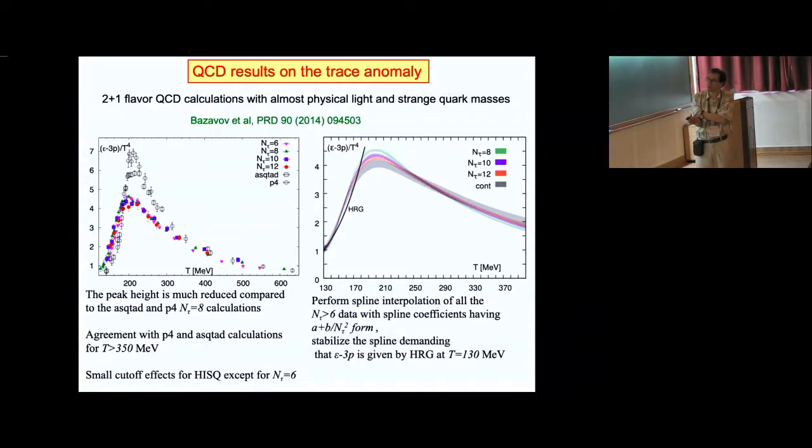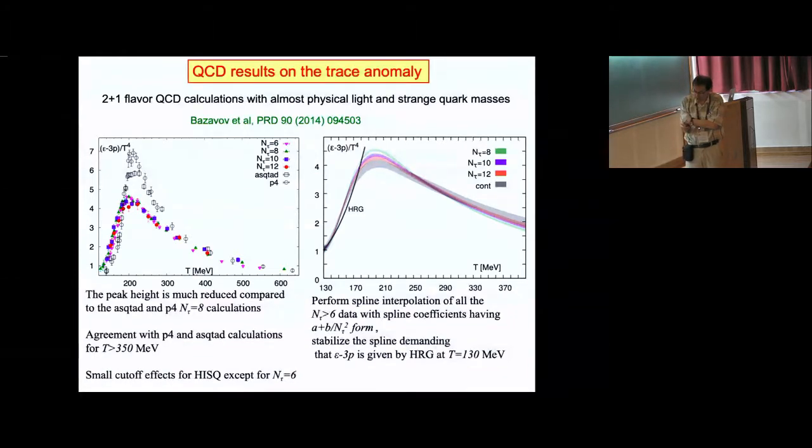So the coefficient of the spline typically has a form like A plus B over N tau squared. And then, of course, you can do a simultaneous spline fit of all the lattice results. Moreover, you have to constrain the fit to get a stable fit, such that it smoothly matches to the Hadron Resonance Gas at some low temperature, which we chose to be 130 MeV.